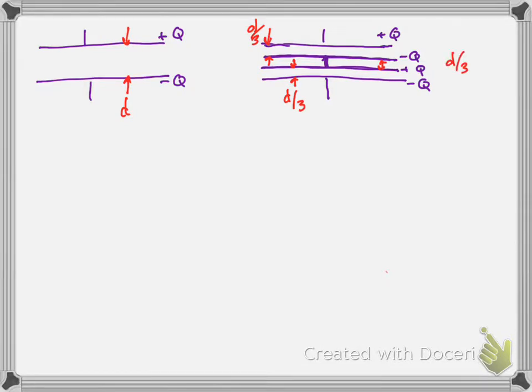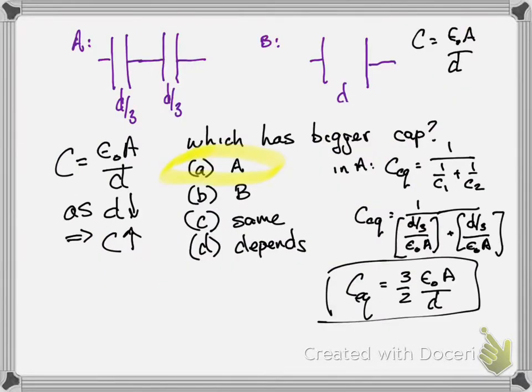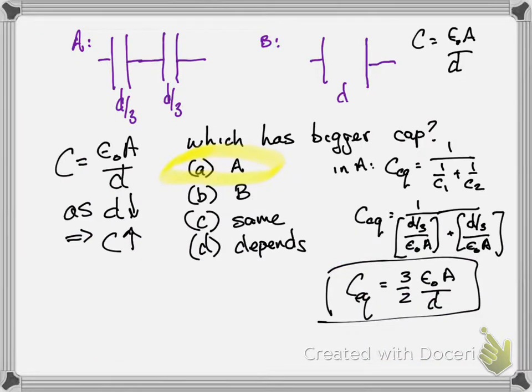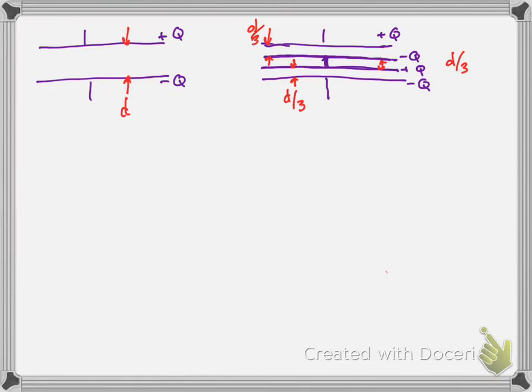And we already saw that two capacitors in series that had distances adding up to less than the distance of the original capacitor had a greater capacitance. So in this case, the one on the right has a greater capacitance.